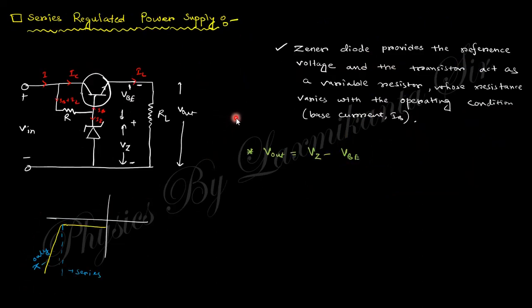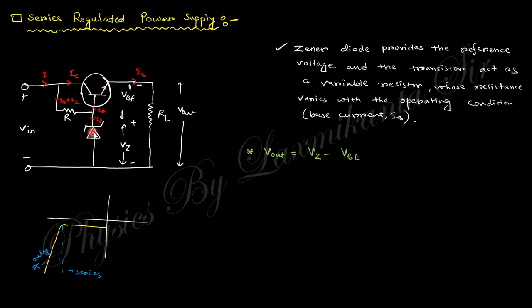Now comes the series regulated power supply. Actually in this diagram or the characteristics, this is the practical breakdown diagram. So this voltage has slight change, but we need to know about the fixed. So this can be obtained by using this series transistor.